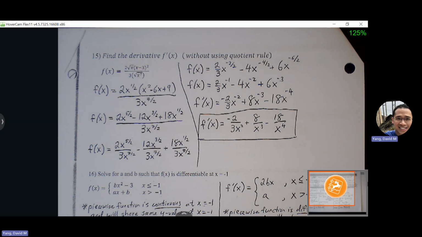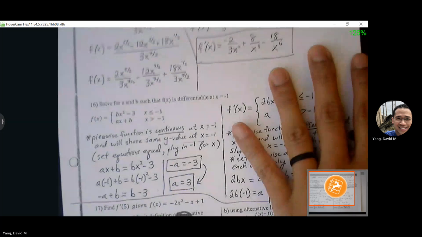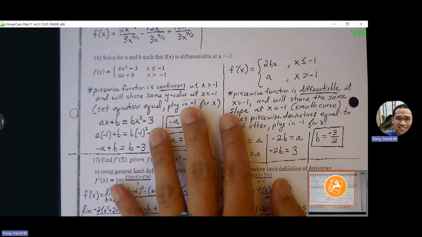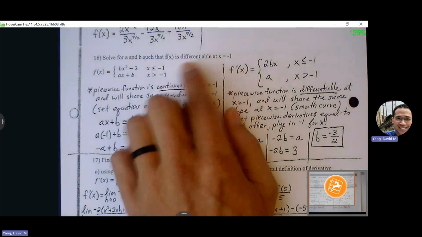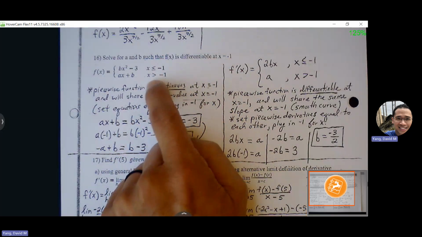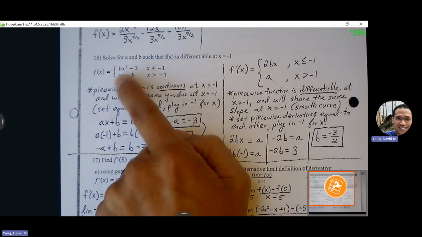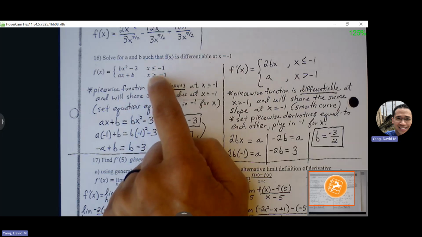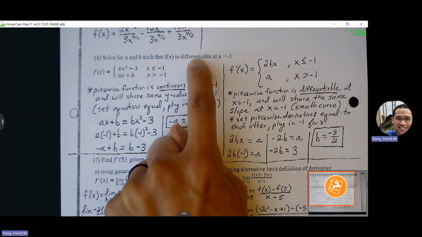So number 16. We basically want to know how we can make sure that these graphs are differentiable at -1.